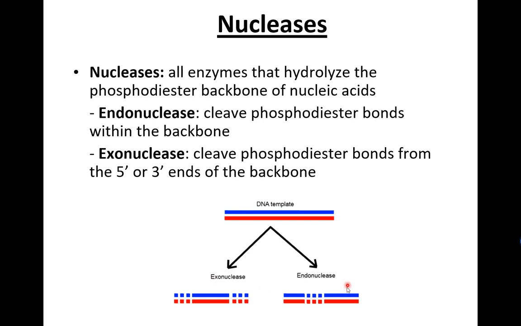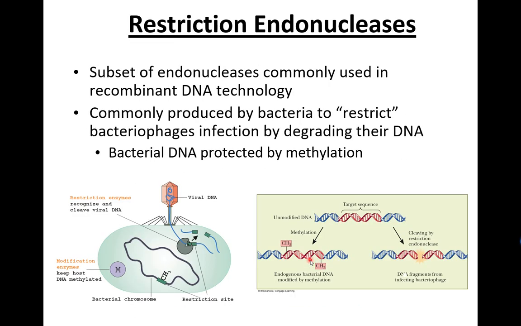So when we talk about restriction enzymes, we're talking about endonucleases. They are one subset of endonucleases, which are commonly used to do different things, to analyze DNA sequences, to recombine DNA. So you can cut out things with these enzymes and then stick them together within another molecule and so on.